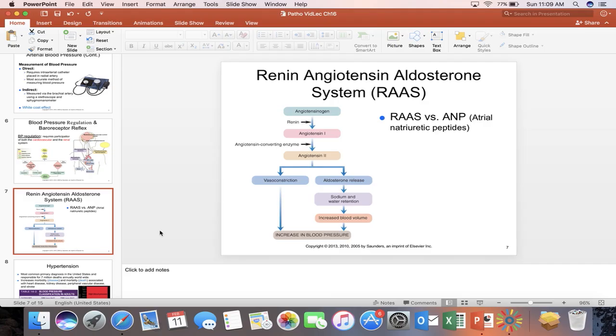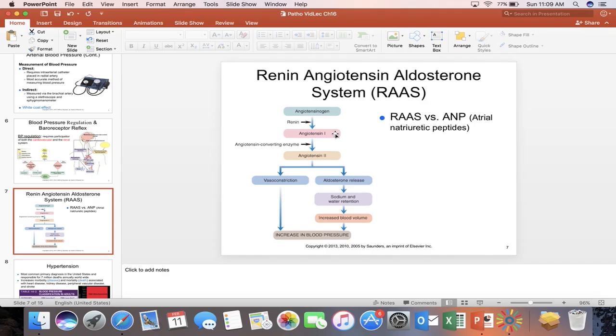As you know, angiotensinogen is produced within your liver, and that floats around, and when you have a low blood pressure or hypotension, your kidney will then produce renin. Renin, once it meets angiotensinogen, will activate angiotensinogen into angiotensin 1.